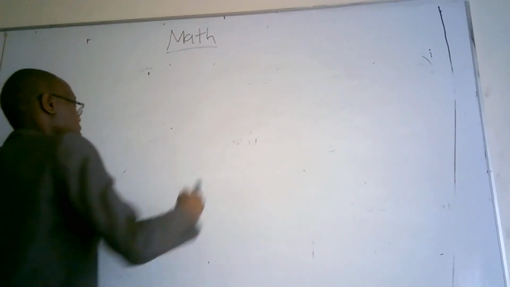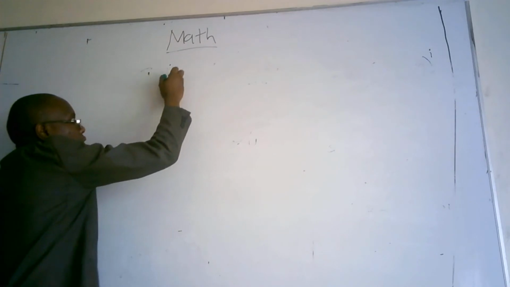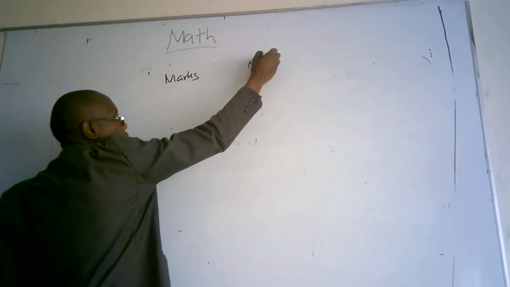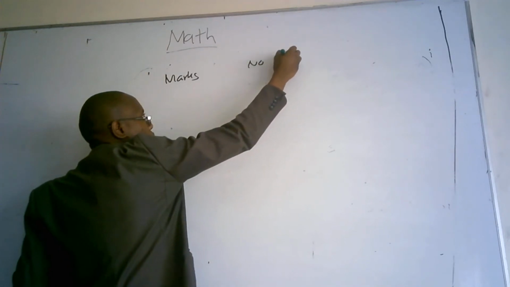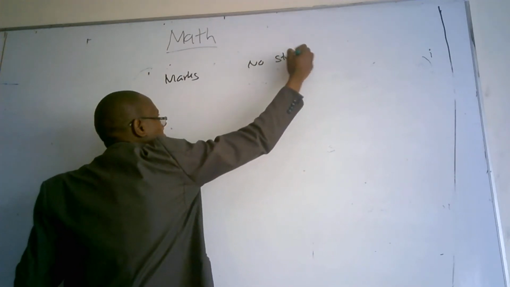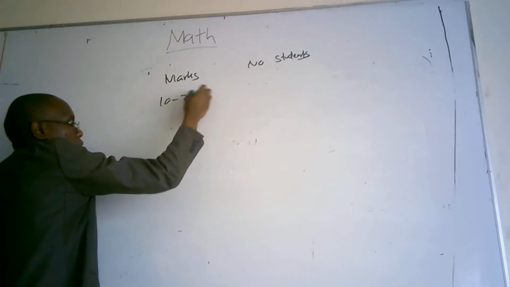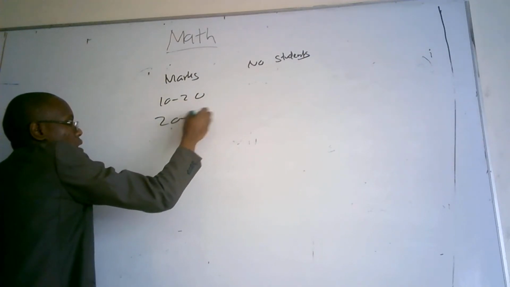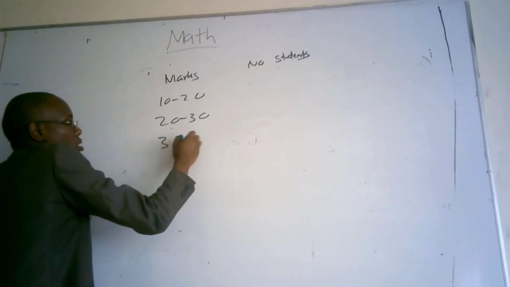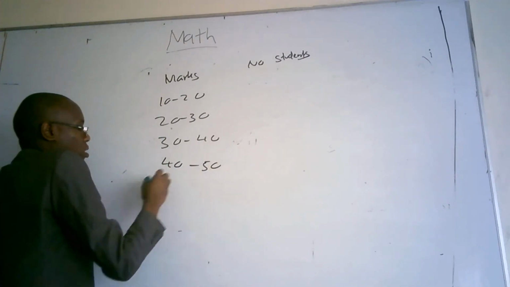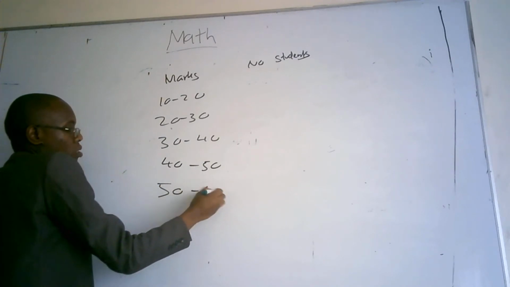So you have been given marks and the number of students. You have 10 to 20, 20 to 30, 30 to 40, 40 to 50, maybe 50 to 60.